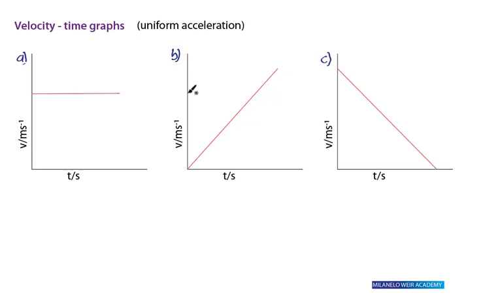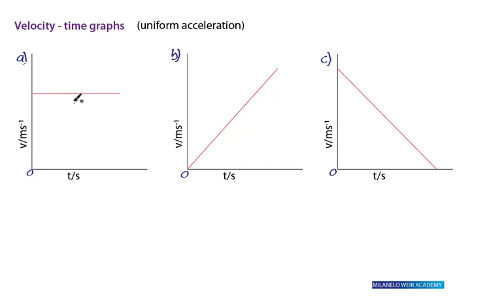The speed is not 0. The object is not at rest, because this is not 0, this is not 0, and as you go up, these values cannot be zeros as well. So the object is moving, but at a uniform velocity. This is uniform velocity or uniform speed, right? So this is how we describe it.